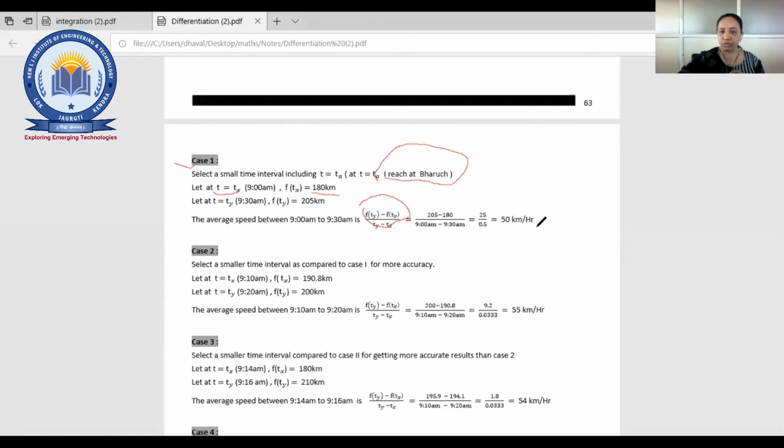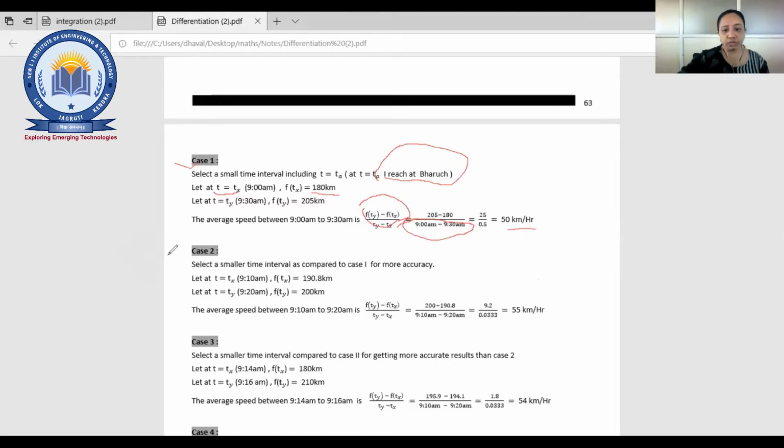That is 205 minus 180 upon the time, ty minus tx, 9:30 minus 9. So that will be 50 kilometers per hour. Simple, just a division.